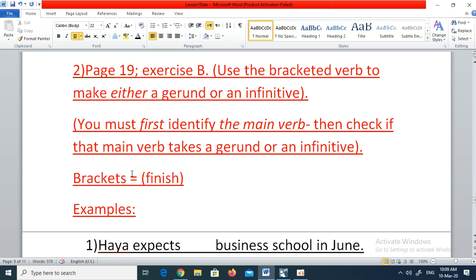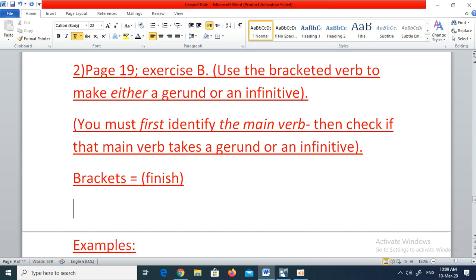They then need you to make either a main verb, either an infinitive or a gerund. Okay, so if you look at question number 1, we have to either make the infinitive to finish, or we must make the gerund finishing from that verb in brackets finish.